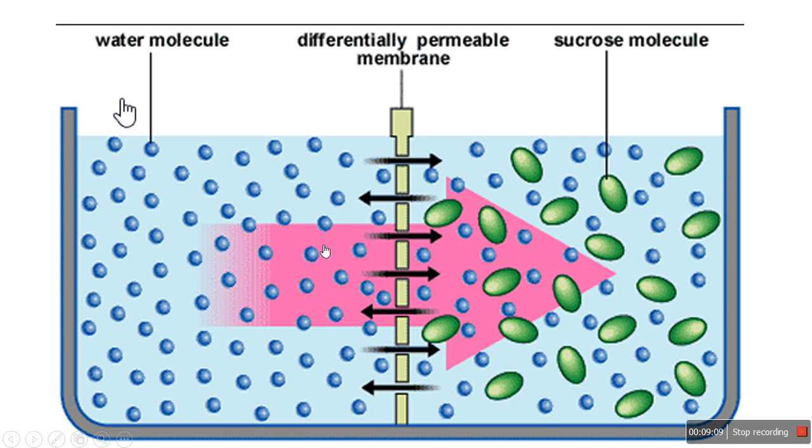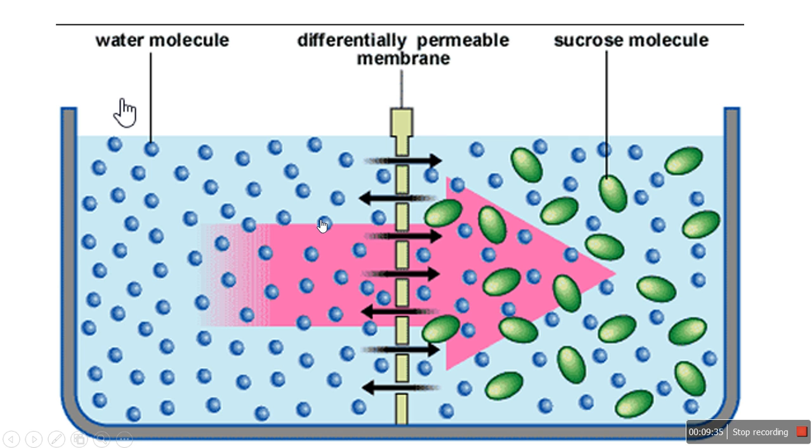So a more scientific term to use instead is water potential. A solution with many water molecules has a high water potential. And a solution with very few water molecules over here would have a low water potential. And we can say there is a water potential gradient which exists between the two.